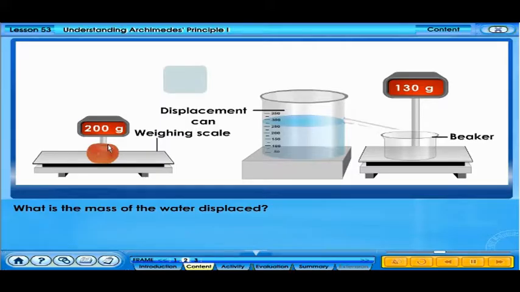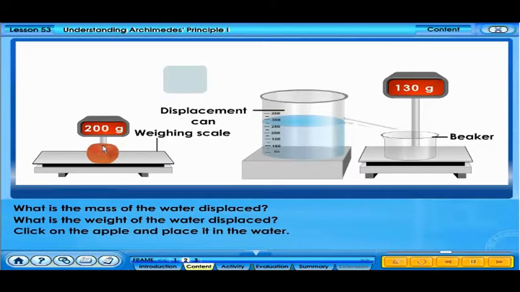What is the mass of the water displaced? What is the weight of the water displaced? Click on the apple and place it in the water.